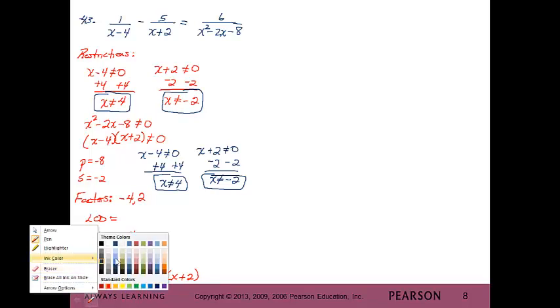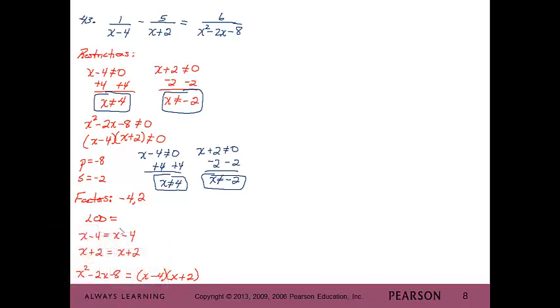So then we can list our LCD by writing the factors of the first denominator, which is x minus 4, times x plus 2, since it's not already there. Then when we go down to the third denominator, the x minus 4 is already there, as well as the x plus 2. So the LCD is just going to be x minus 4 times x plus 2.